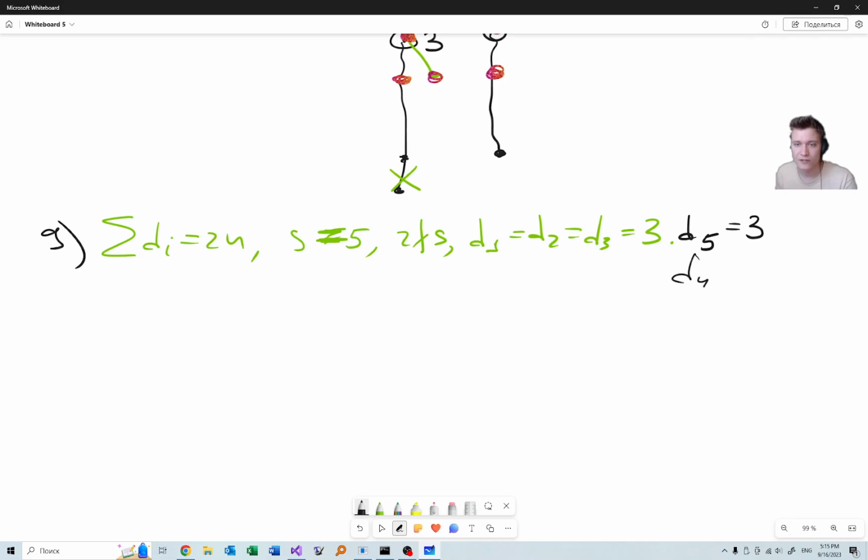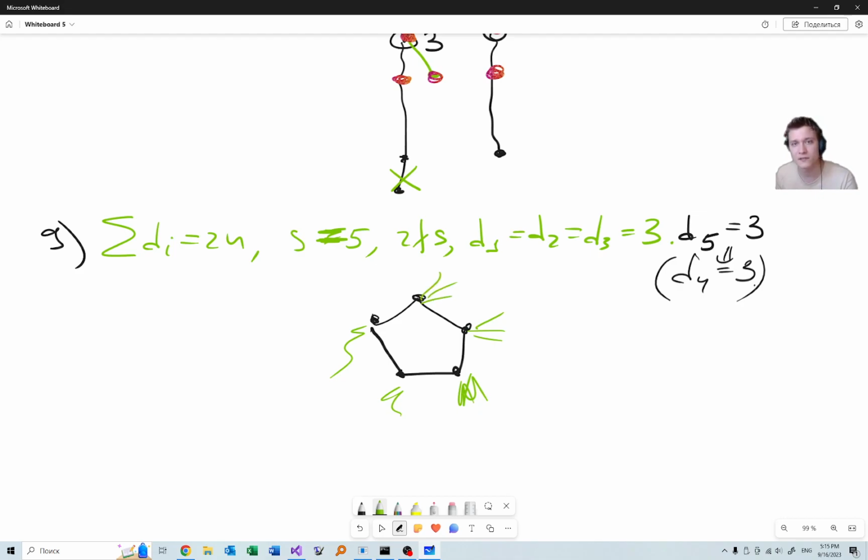And also d4 always, of course, equals 3. And this is implied. This is also kind of an easy case because we can make a 5 cycle. This is the only place where we need the 5 cycle where it is required. And so this is a skeleton, and as I always say, we can easily add all the leaves to this pseudotree. So the answer is okay here.